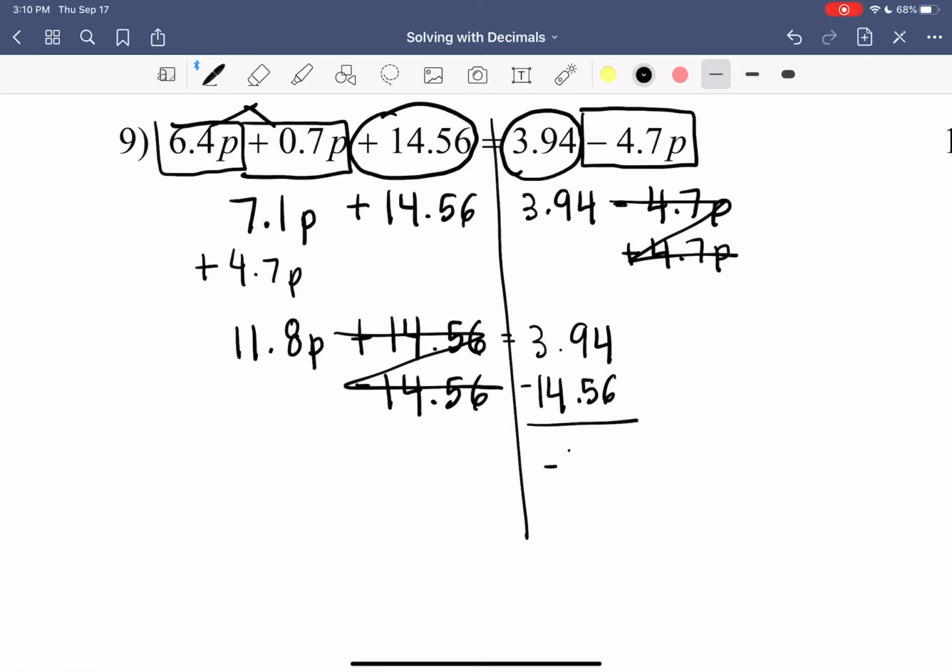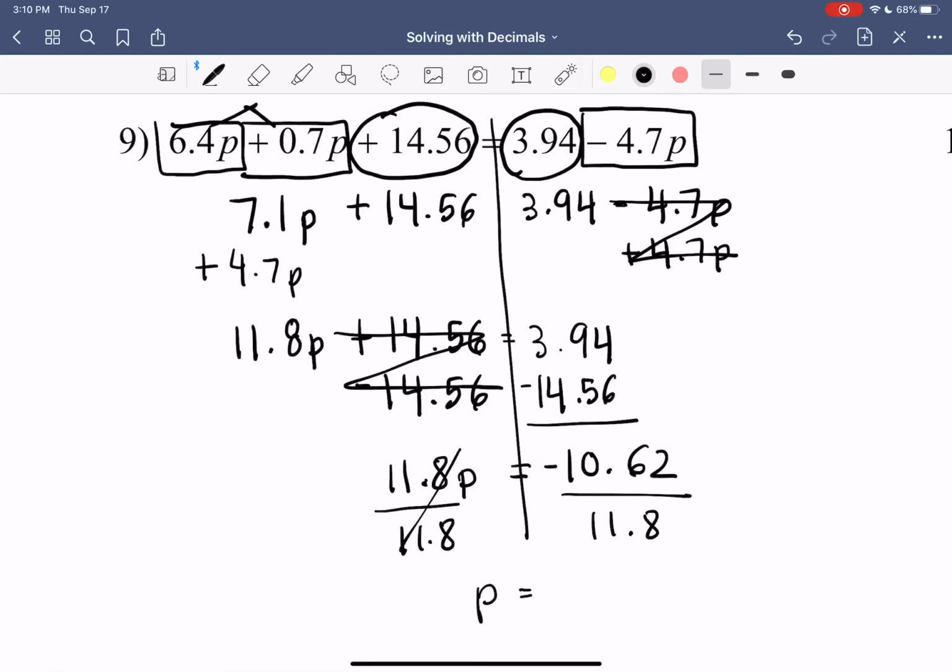We have a negative 10.62 equals 11.8p. And our last step is to divide by our coefficient of 11.8. We have p equals negative 10.62 divided by 11.8 will give us a negative 0.9.